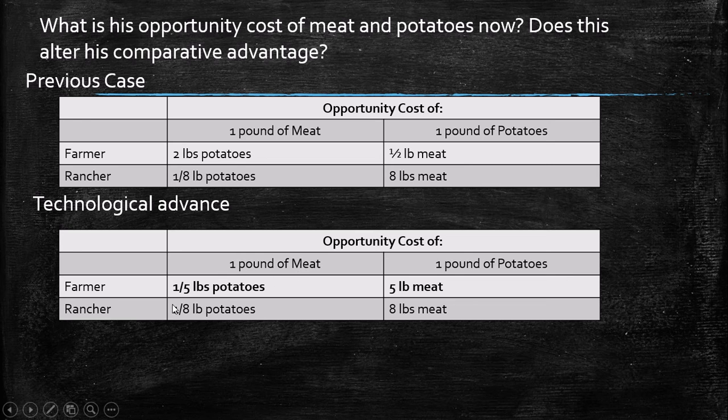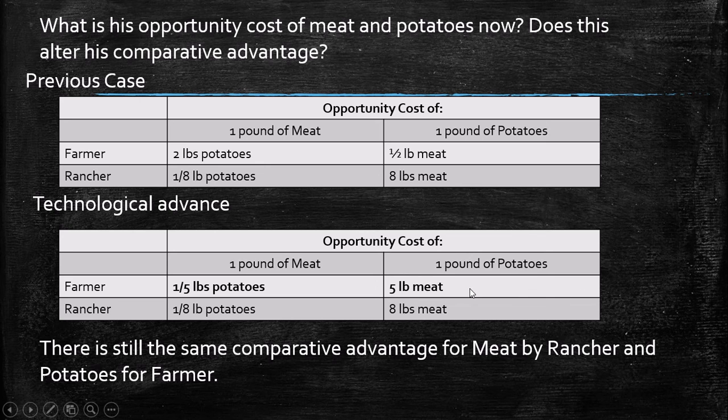Instead of 2 pounds of potatoes, now the opportunity cost of 1 pound of meat is just 1/5 pound of potatoes. On the other side, for 1 pound of potato, the opportunity cost is 5 pounds of meat. So in this case, there is still the same comparative advantage for meat by the rancher.